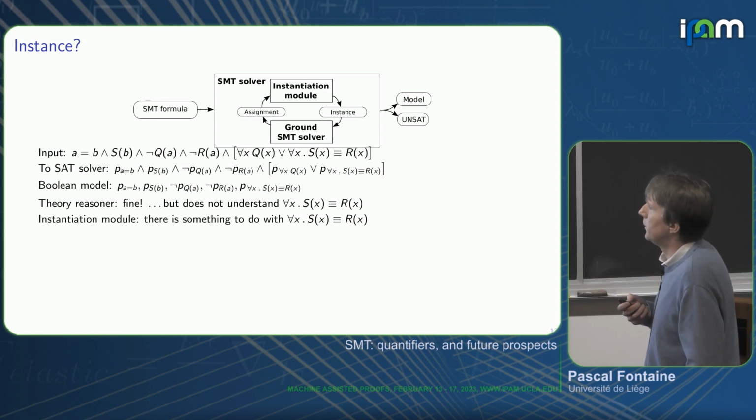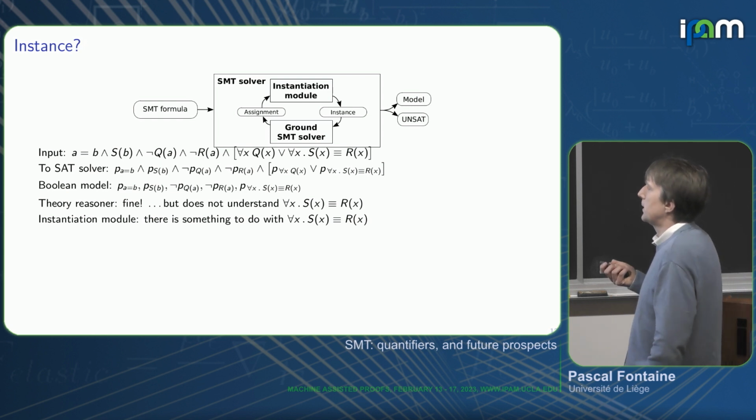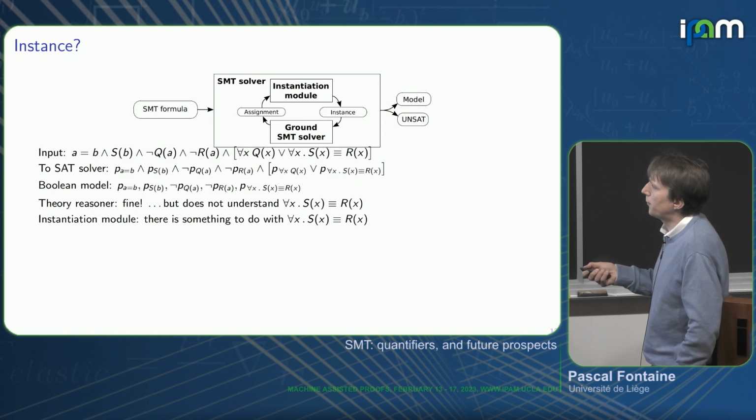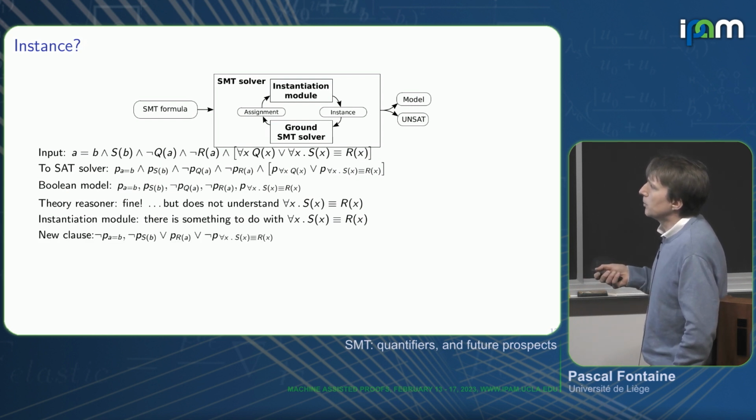And what will it do? Well, it will tell us that there's something to do with this, and the thing to do with this is that you have to understand that if this has to be true, okay, it could tell me directly that all this is unsatisfiable, but this is not what's happening. This is too complicated.